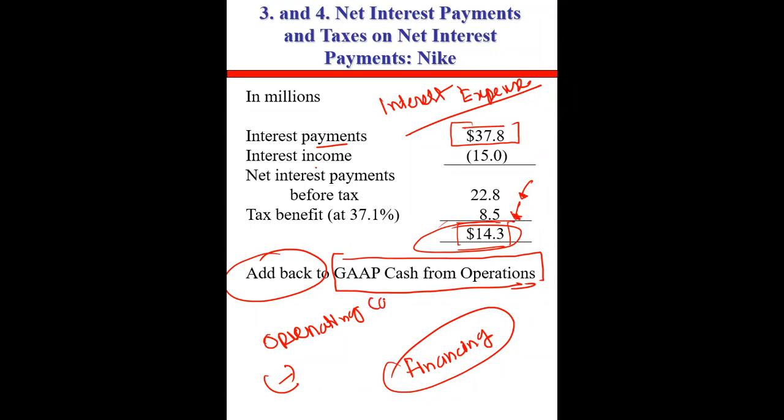If we have the operating cash and you have mentioned that we should take this cash paid for interest from the operating to the financing, we should reflect it in the financing part. Should we add back the net interest payment, or should we subtract it from the cash flow from operating activities?